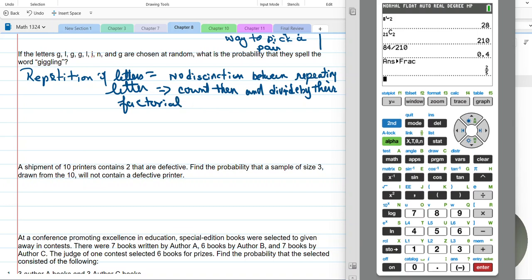It's giggling. So the letters are G, I, G, G, L, I, and G. All right. So on the G's, we have 1, 2, 3, 4. On the I's, I have 1, 2.